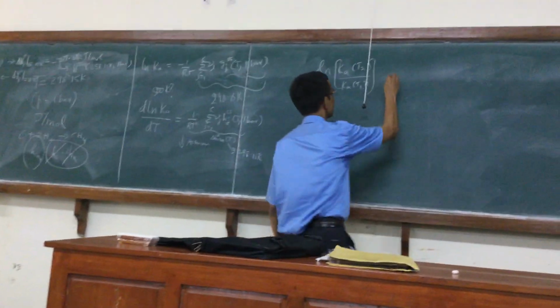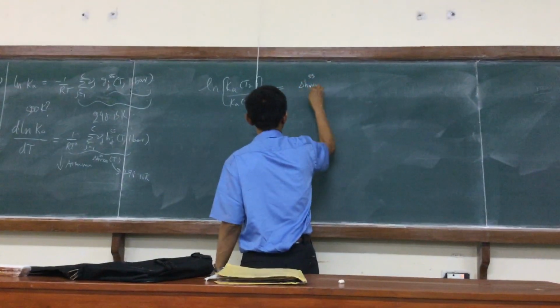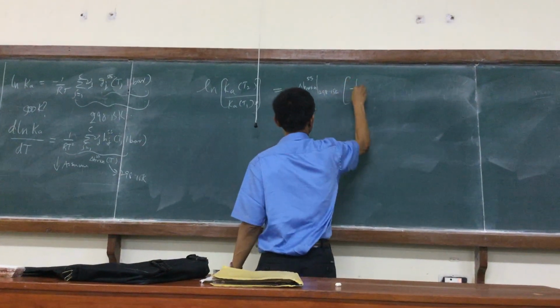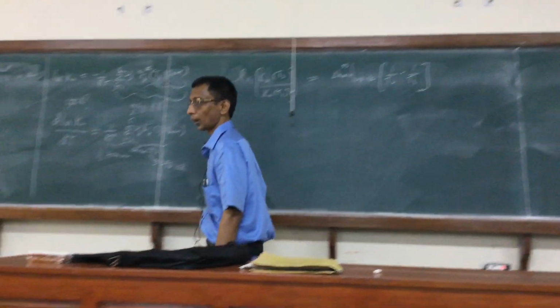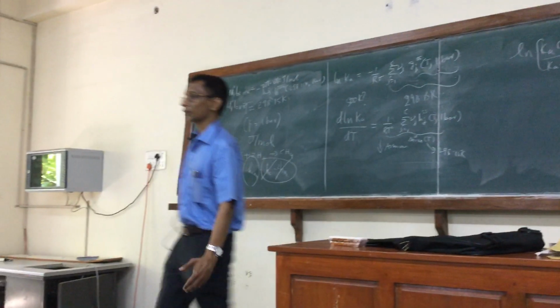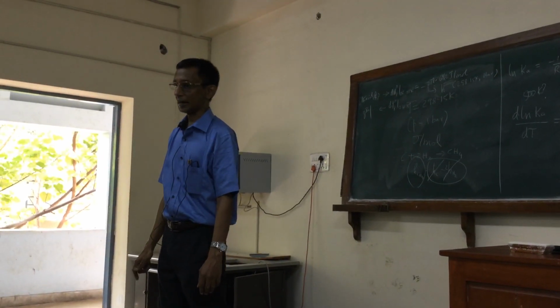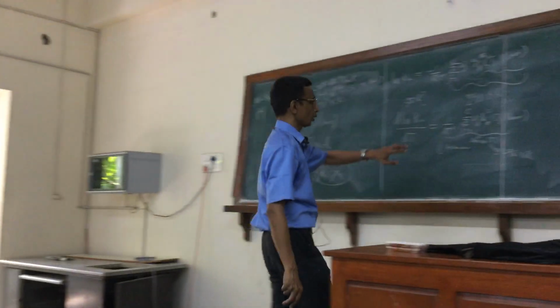So then I can write this as delta H reaction standard state at, of course, 298.15, because that's what I can calculate, times 1 over T2 minus 1 over T1. So I go to the tables, calculate the enthalpy change of reaction at 298.15, assume it is constant, then it can be taken out of the integral.